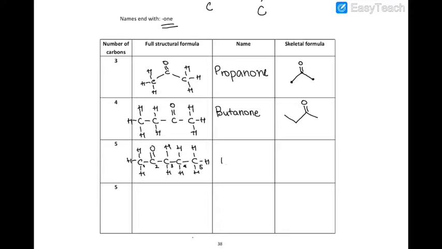It's the same thing. 2-pentanone, because the double bond is on the second carbon, or you could name that pentan-2-one. Drawing that, you will have your double bond O, so 1 carbon on one side and then 3 carbons on the other side. So 1, 2, 3. 3 carbons, a total of 5 carbons.